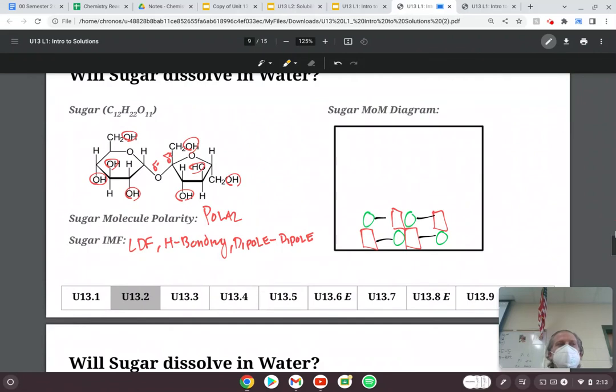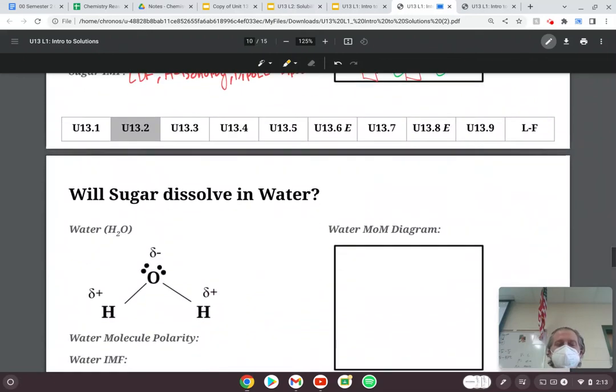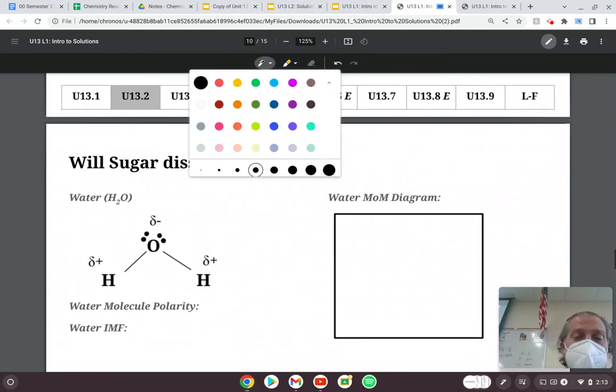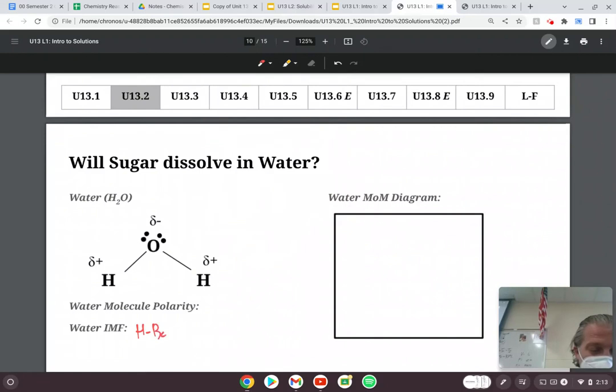You're looking down at the next section here, and in your notes, you've got water. You've got H2O. It's drawn out for you. There's no metal present, right? And as a result of there being no metal present, you should be able to quickly identify that one of the intermolecular forces of attraction is going to be what now? Nope, not yet. Hydrogen? Yep, this one definitely has hydrogen bonding. And there's one other force present here.